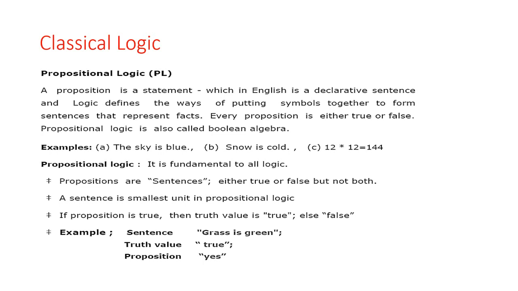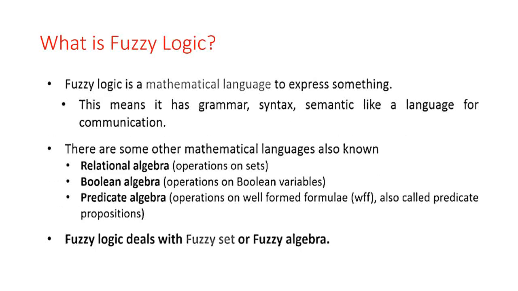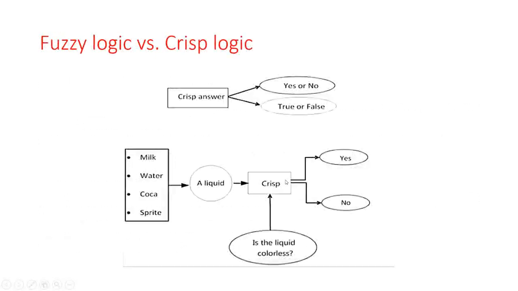Every proposition is either true or false, and propositional logic is also called Boolean algebra, where the operations are based on Boolean variables, that is, true or false.